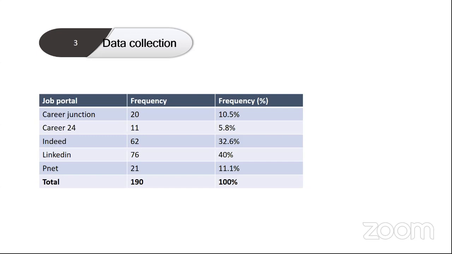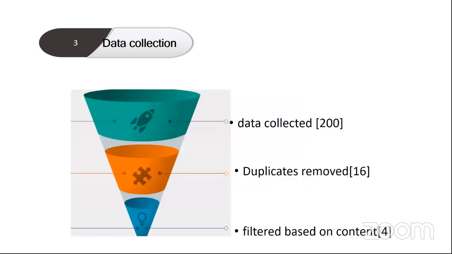And most recruiters posted jobs on these 5 main portals in South Africa. This is how the data was filtered. Initially, I started with 200 data, and 16 were removed as duplicates, and 4 were removed as they did not match the content of the data.